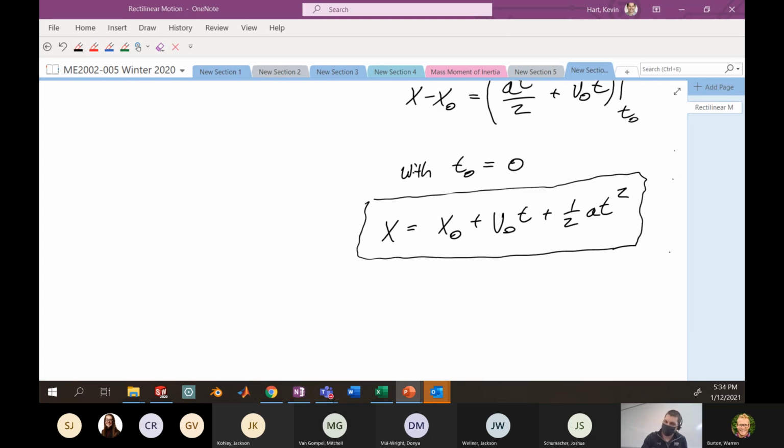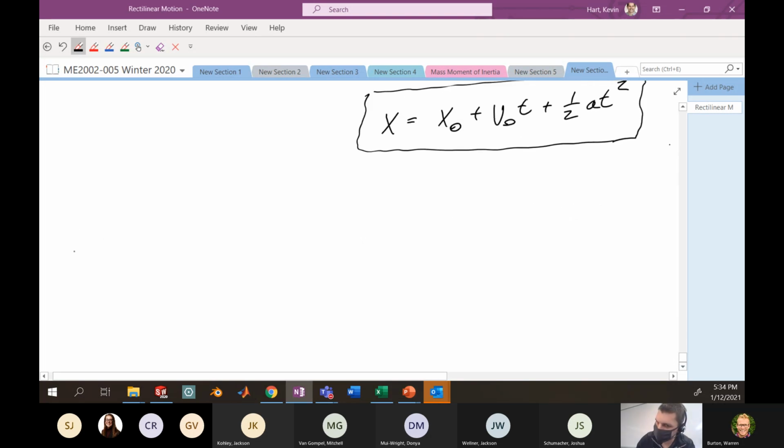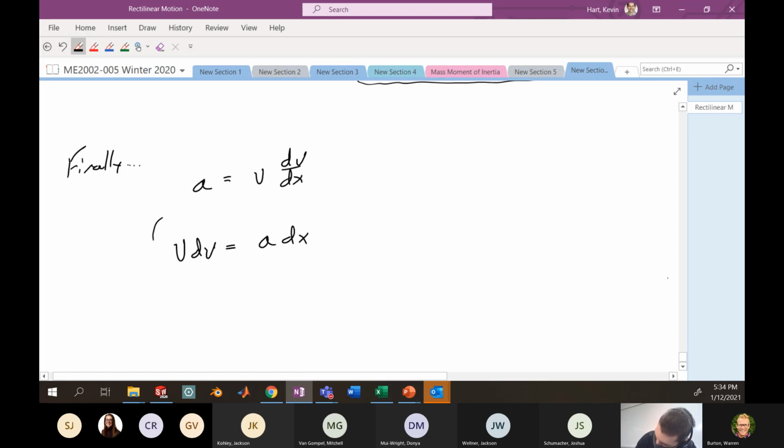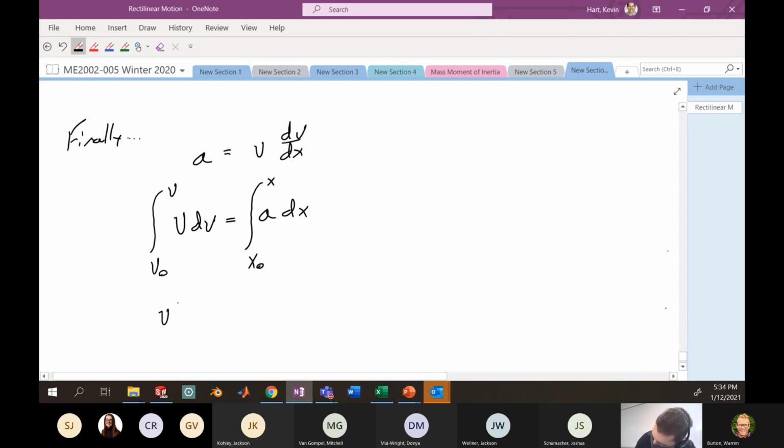Okay. Sort of the last derivation that you might see is one that uses the relationship acceleration is v dv/dx, one of the last expressions that we had relating position and velocity and acceleration. Integrate. Integrate. v squared over 2 minus v0 squared over 2. a is coming out.